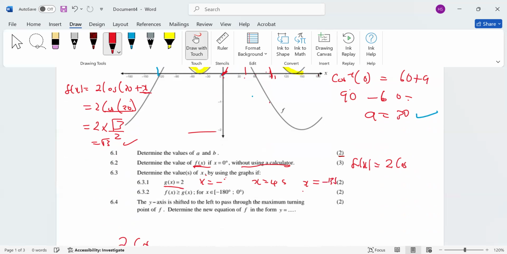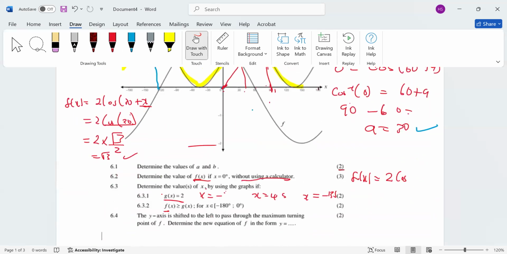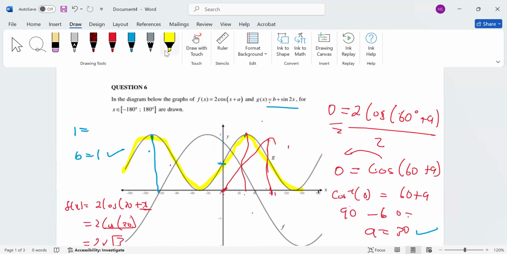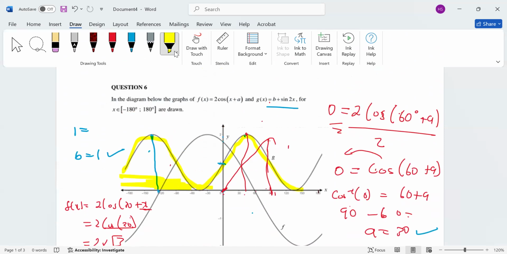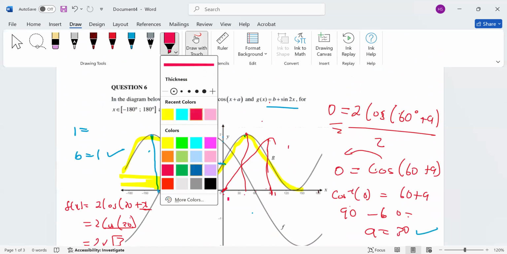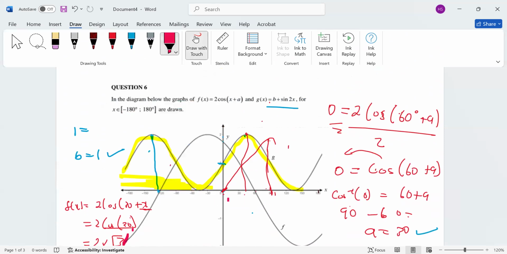Minus 135. Okay, values of x for which f of x is above g of x. They say we should go from negative 180 to 0. So I'm looking only at this part here. We want f of x to be above. F of x is this one here. So where is it above?